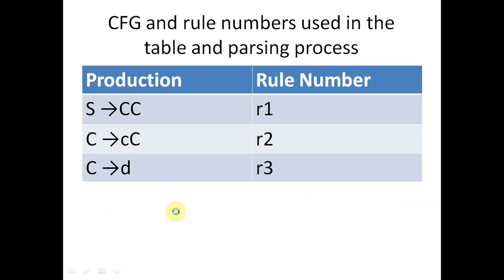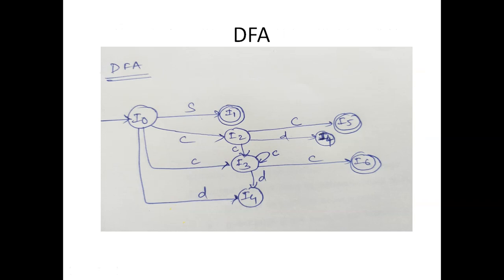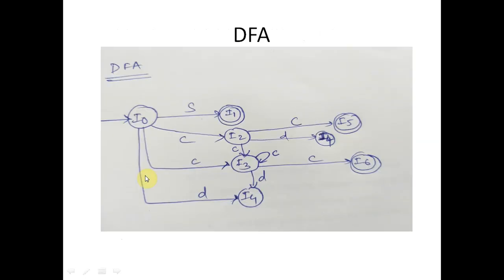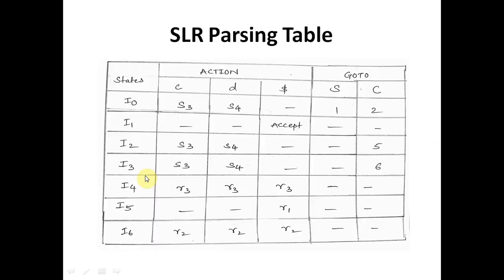So in our transition diagram we have the state I1 which has the dot at the end of S dash, so for I1 on dollar we have to write accept in the table. So here I1 to dollar we are writing accept.